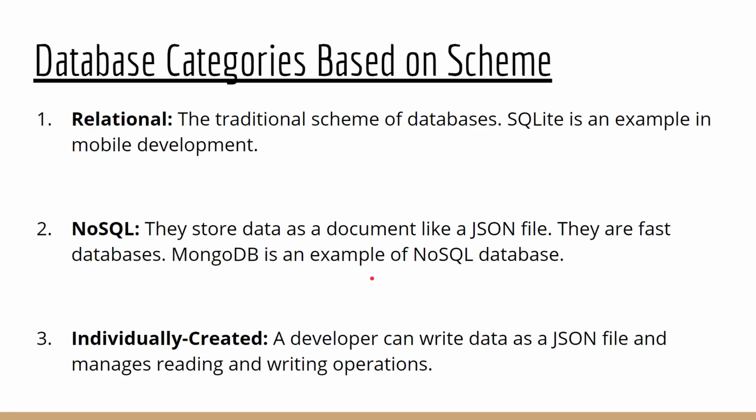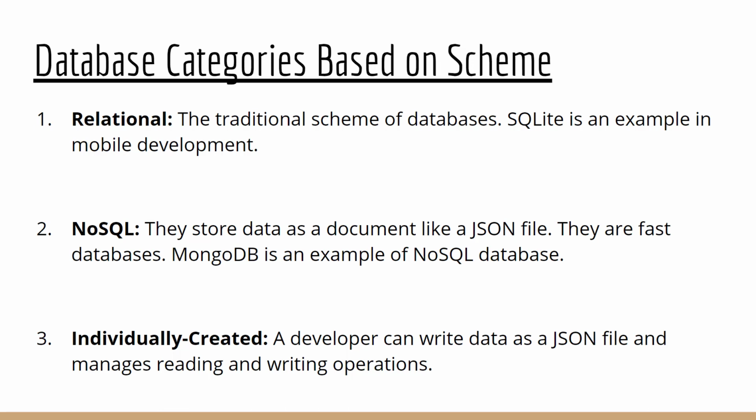We can categorize databases in Flutter generally based on their scheme. We have relational databases, which are the traditional scheme, and SQLite is an example that is used in mobile development. We also have NoSQL, and they store data as a document like a JSON file.